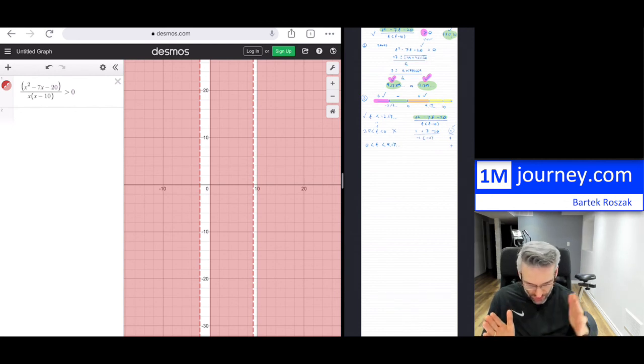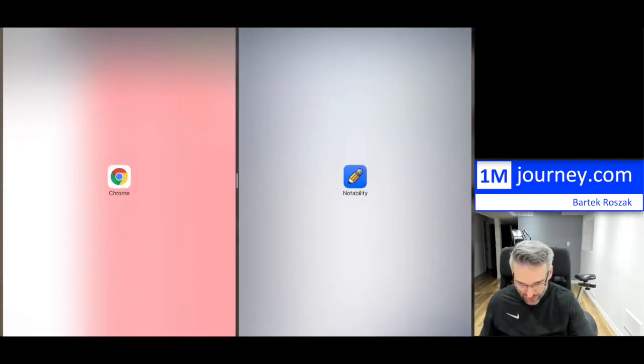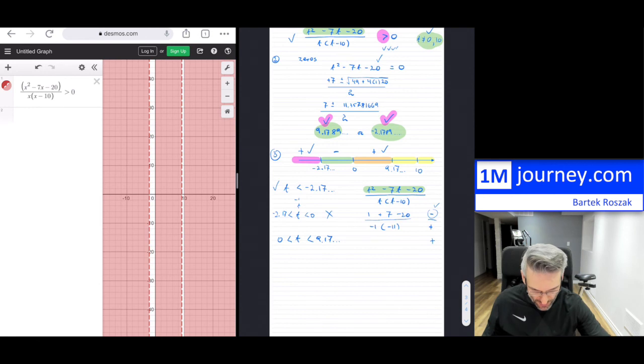Then from 0 to 9.17, we said it worked, and indeed it does. Then between 9.17 and 10, it looks like it doesn't work there. And for the last one, which is beyond 10, it looks like it works. You can certainly plug it in and check it. So we solved our inequality. It works for those three ranges.